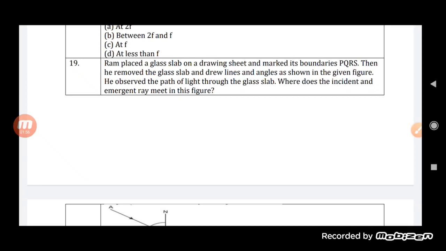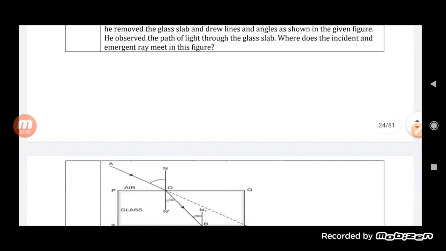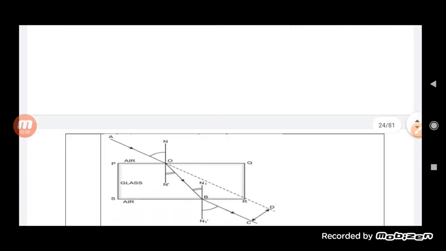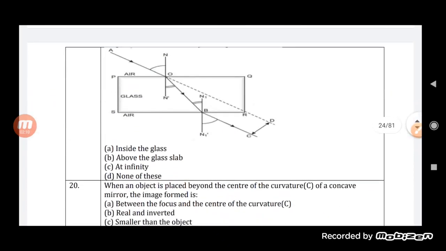Where do the incident and the emergent ray meet in this figure? Now see here, you know that in case of a glass slab, students, the incident ray will get refracted, and finally the ray which comes out of the glass slab is the emergent ray.